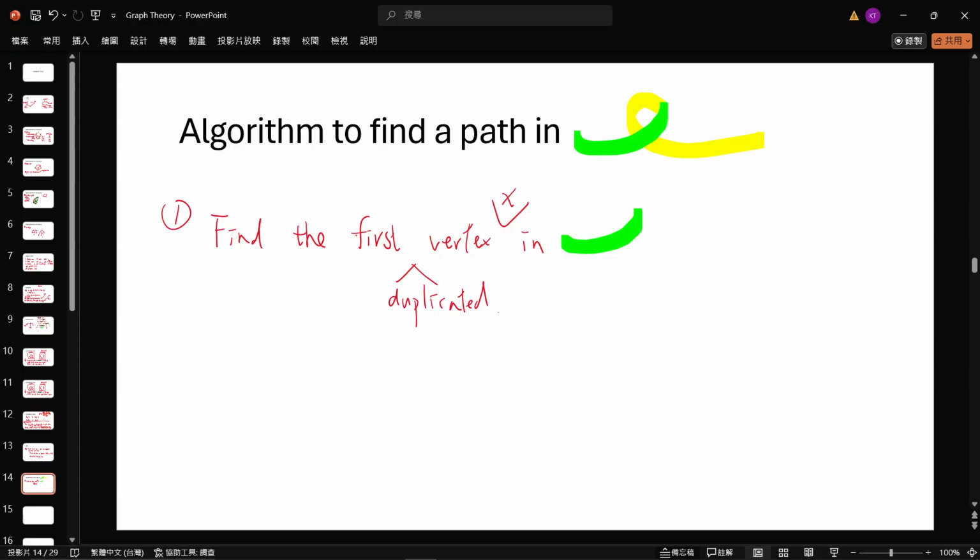So we really need to traverse from the start of the green path and step by step check whether this one also appears in the yellow path. If so, then this is the first duplicate vertex. By duplicated, I mean it also appears in the yellow path.